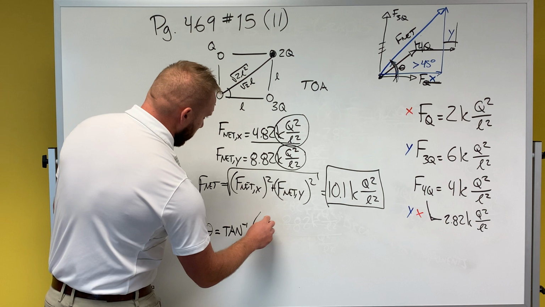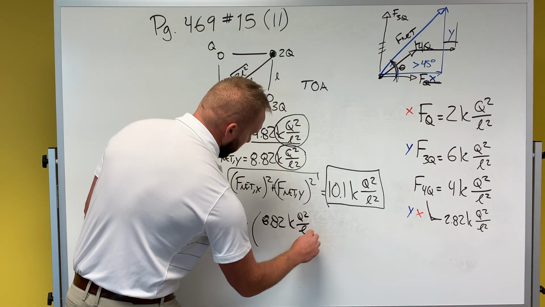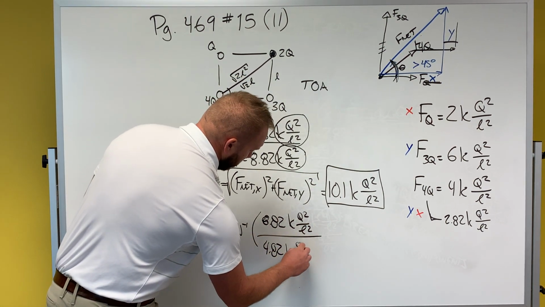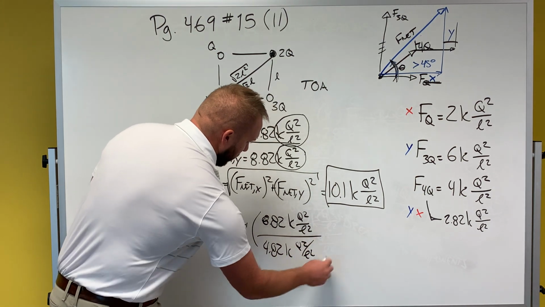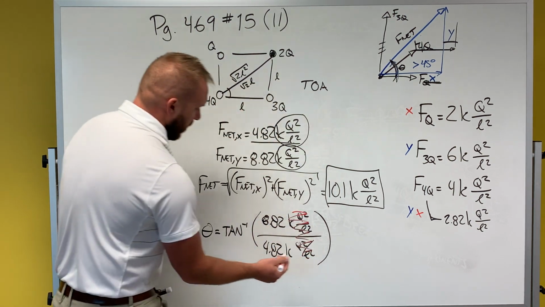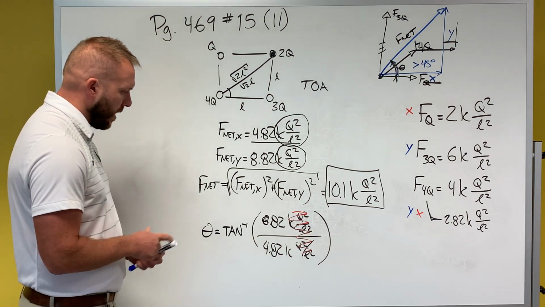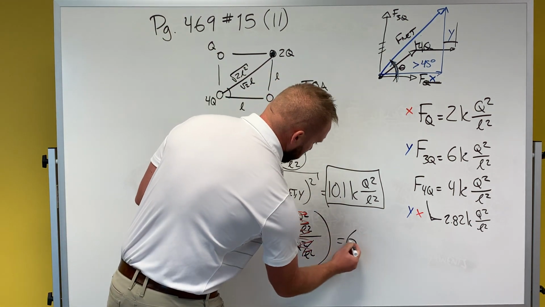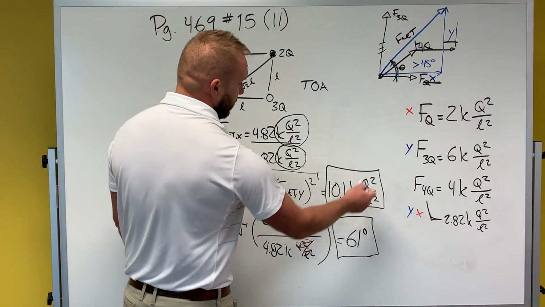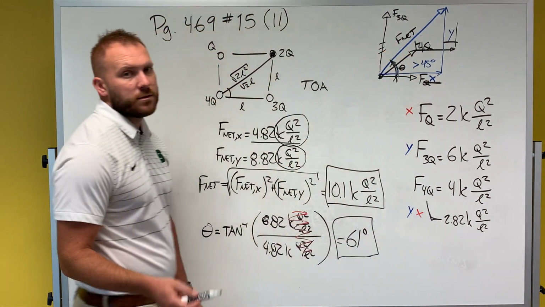So my y, so that's 8.82 k q squared over L squared divided by 4.82 k q squared over L squared, which when we look at that, these go away. And so we're just taking 8.82 divided by 4.82, okay? And from that, you get a value of roughly 61 degrees. So my final answer would be 10.1 k q squared over L squared at 61 degrees northeast.